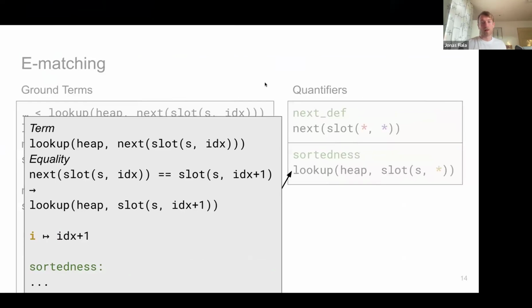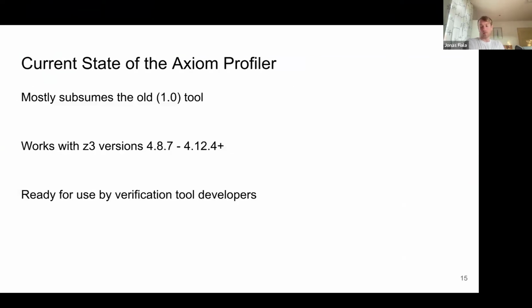So now we saw the demo and the current state of the tool. The tool is building on top of a previous tool that already existed for debugging quantifiers in the same way. We're developing the tool to be a general purpose debugging tool for most SMT related things.